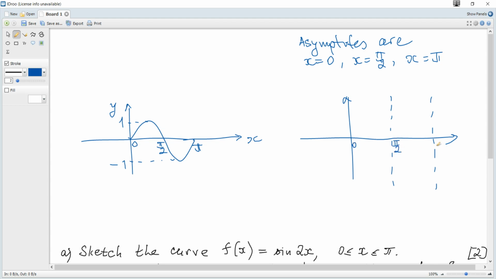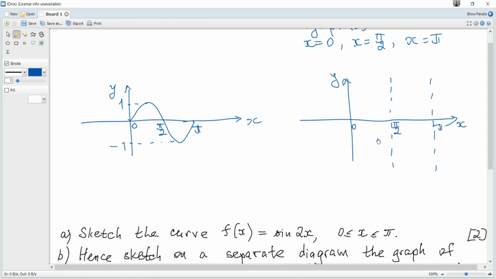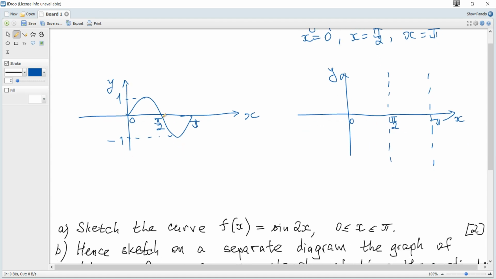And if we know some coordinates, we can calculate directly the coordinates of the reciprocal. So here this point is pi over 4 and 1, so it becomes pi over 4, 1 over y, so 1 over 1, 1.